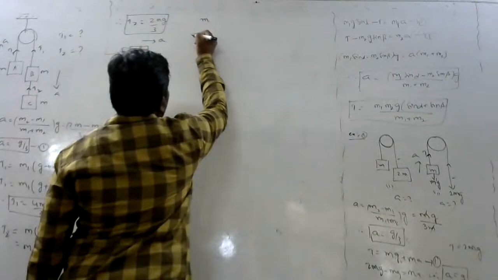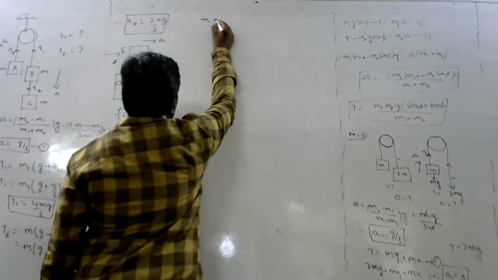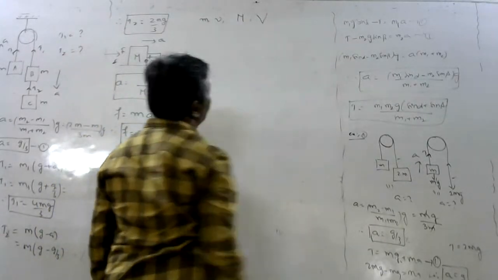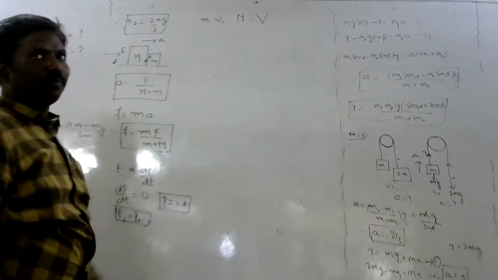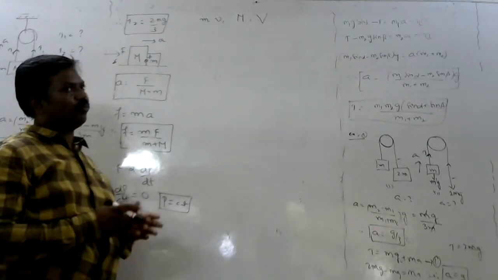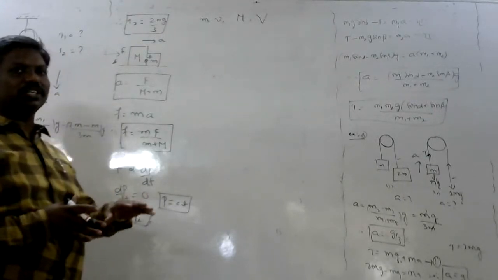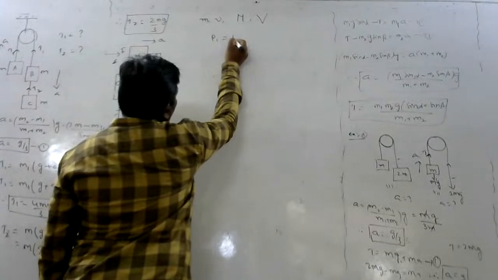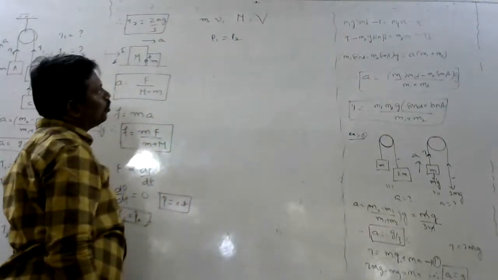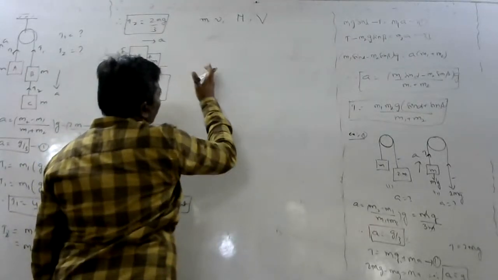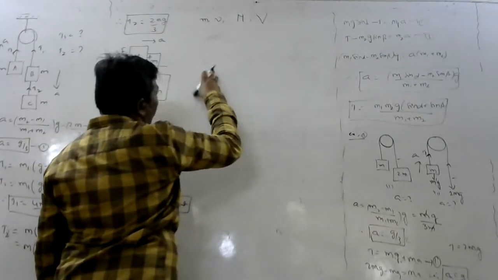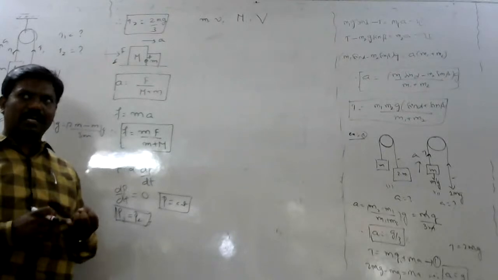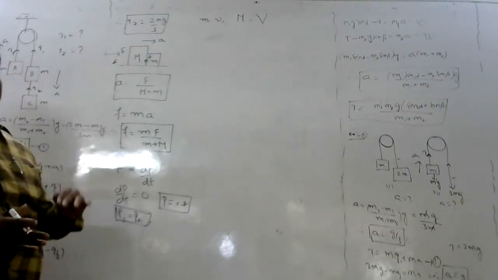A bullet of mass small m is moving with velocity small v, and the gun of mass capital M has recoil velocity capital V. Initially the bullet and gun are at rest, so the initial momentum is zero.